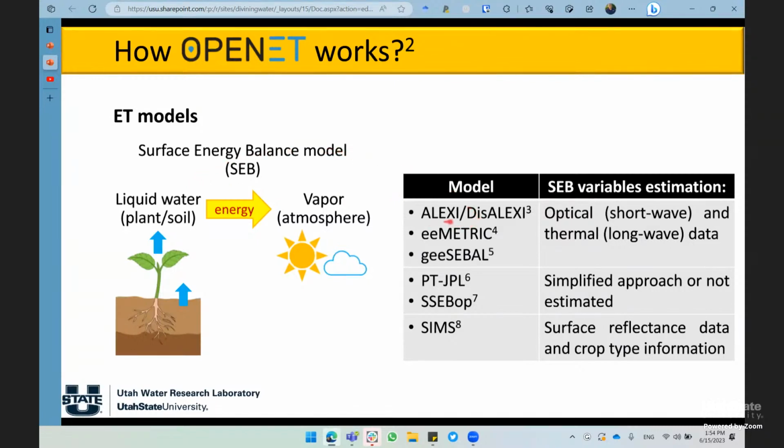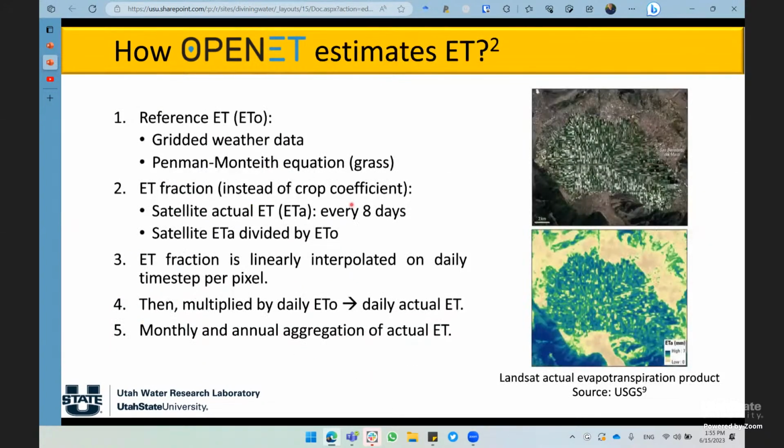For example, these three, ALEXI, eeMETRIC, and geeSEBAL, use the optical, for example shortwave, and thermal longwave data for approaching these variables' estimation. And these two models, PT-JPL and SSEBop, are simplified approaches, and in some cases they ignore some variables. And the SIMS model uses the surface reflectance data and crop time information for solving this model.